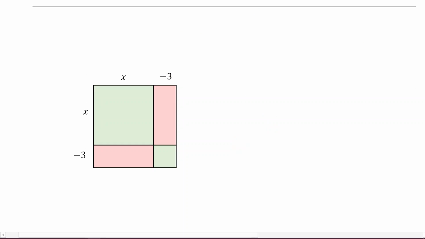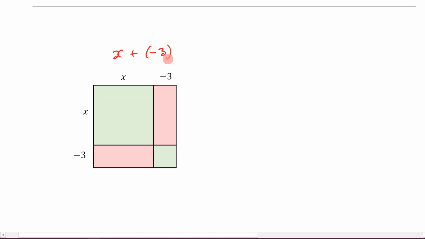Now, this is a bit harder to draw, but I've drawn another perfect square, but what you'll notice is that we have these red regions here, and those red regions represent negative area, something that's kind of hard to draw. What this would be right here, if I was to represent the length of it, it would be x plus negative 3.